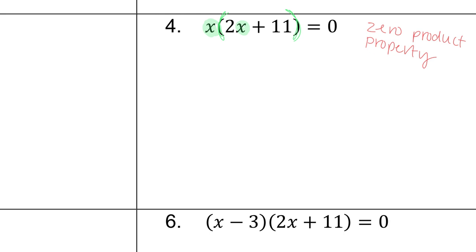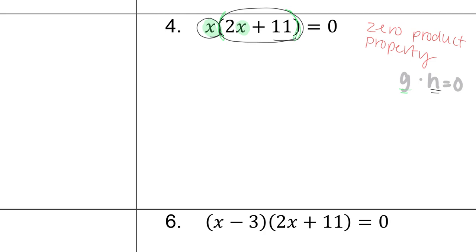My first product, or factor, remember we had g times h equals 0. So this g term here is this first term over here, x. And then my second term, h, is this set of parentheses over here. So I have x times 2x plus 11.